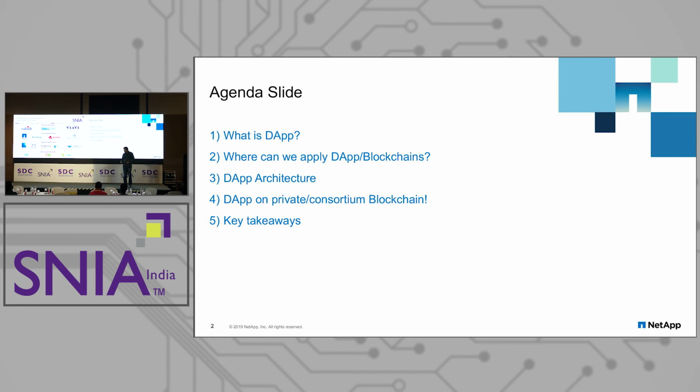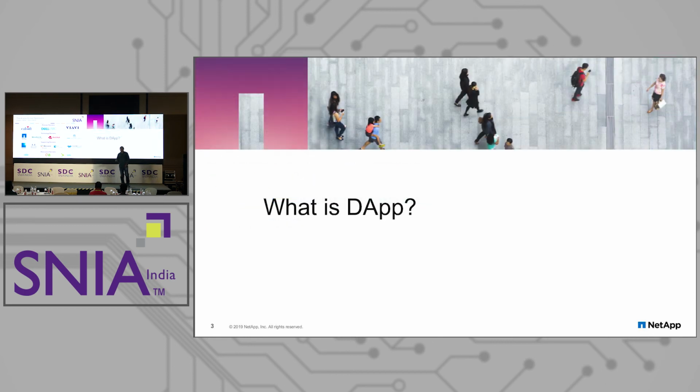So to begin with, what is a decentralized application? A decentralized application is any software, preferably open source software, which leverages blockchain technology. That is the very high-level definition. So what is a blockchain? A blockchain is a ledger of records, or a ledger of transactions.